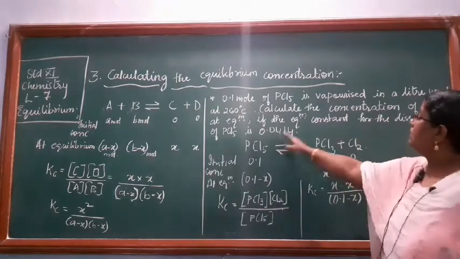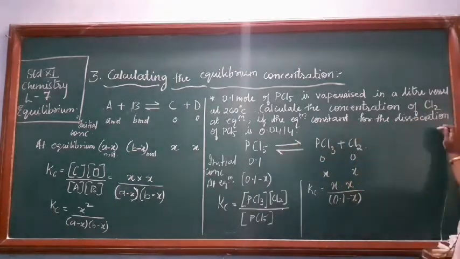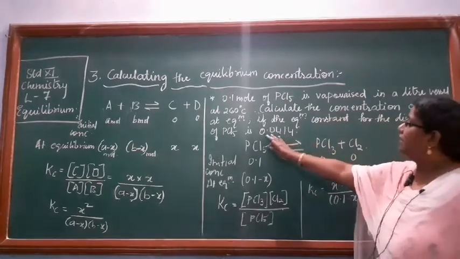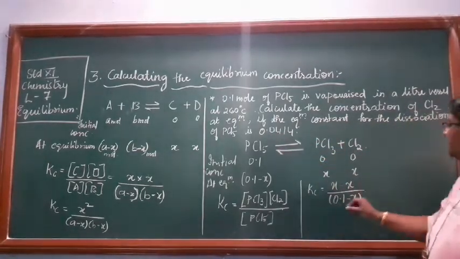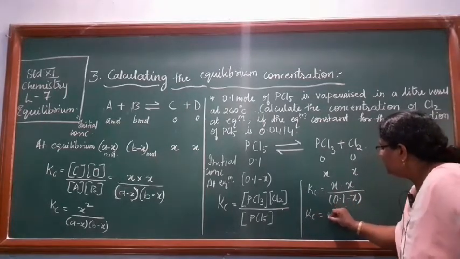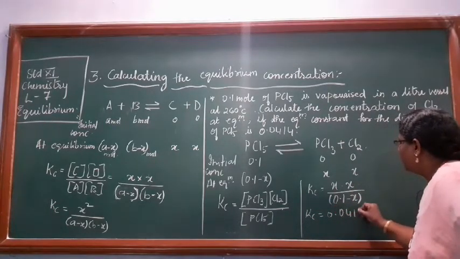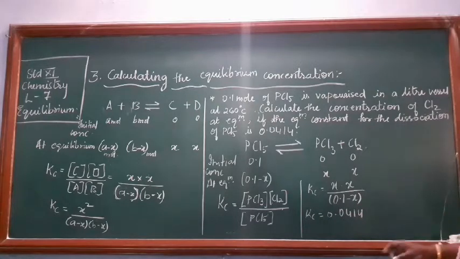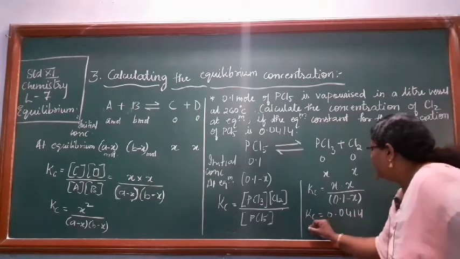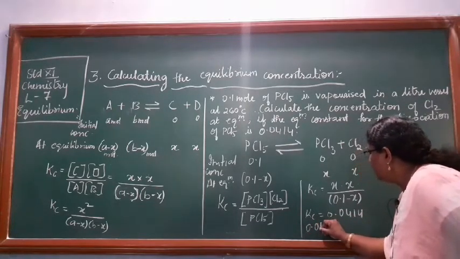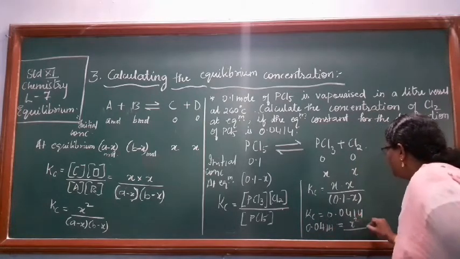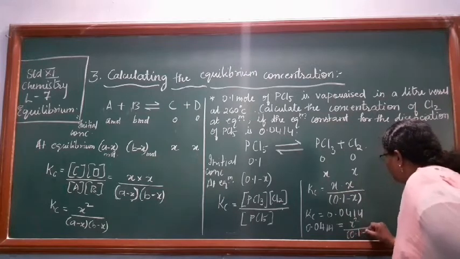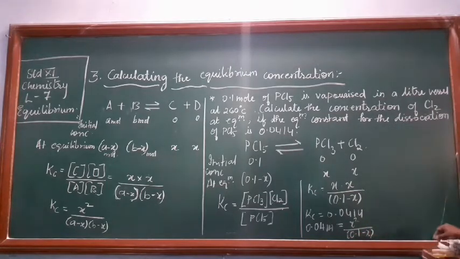Kc value is given to you. See, equilibrium constant for the dissociation of PCl5, it is given as 0.0414. So Kc value is given to you. Now using this, we can put the equation as 0.0414 is equal to x square upon 0.1 minus x. ठीक है.